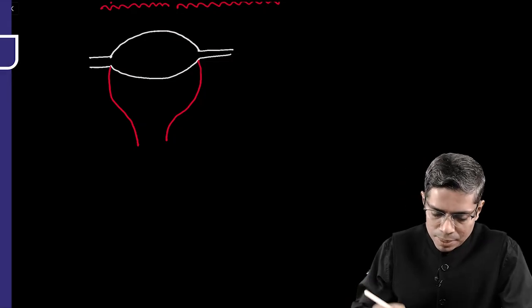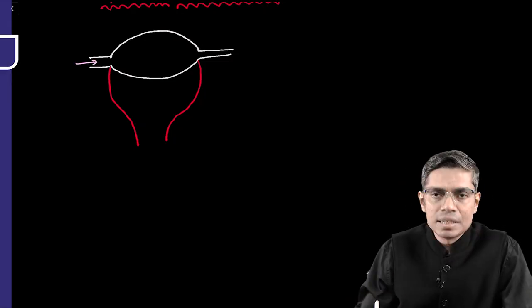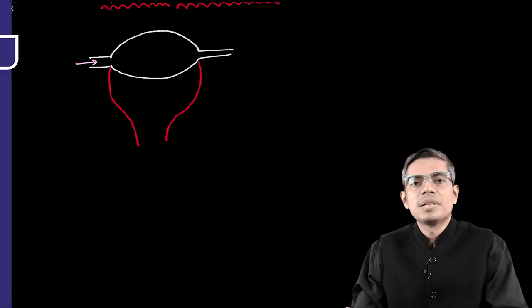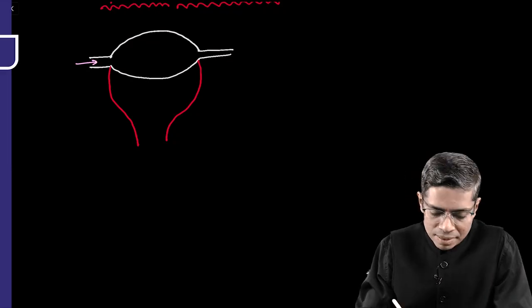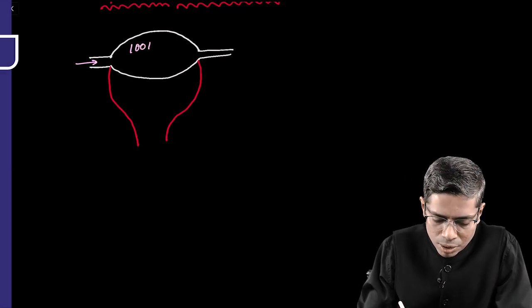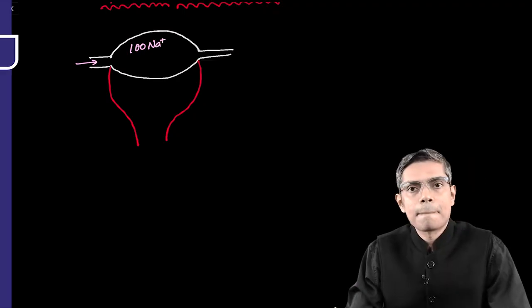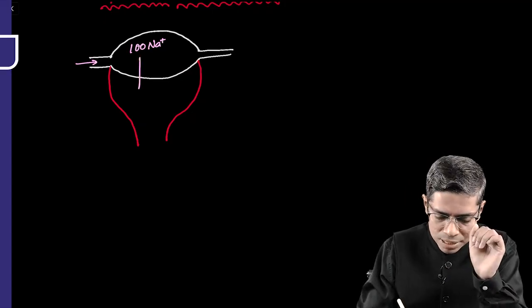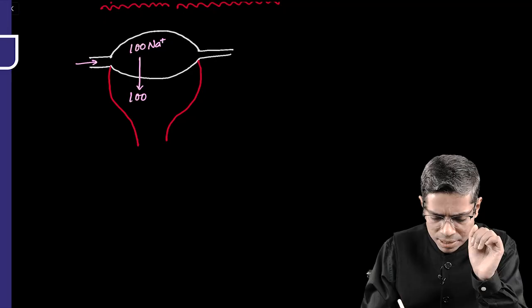So suppose the blood is reaching here through the afferent arteriole. The blood which is reaching at the level of glomerular capillary contains 100 molecules of sodium, and that 100 molecules of sodium is getting filtered. Just for example.